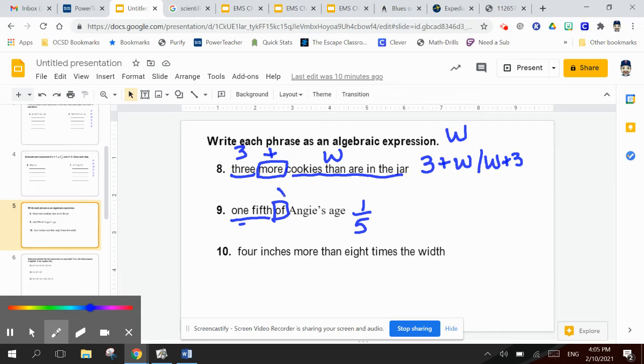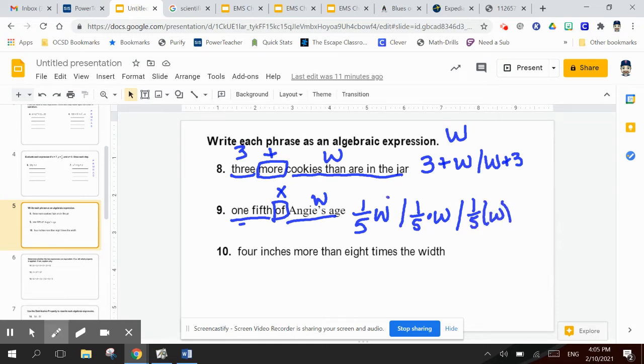Of tells me to multiply Angie's age, which I don't know, so that's my W. So to write this as an algebraic expression, I have 1/5 times W, or 1/5 W. I know you can write that as 1/5 dot W, or 1/5 with W in parentheses. All of those will work, but I'd like to see you get the hang of writing it like this with your variable at the end to show multiplication.